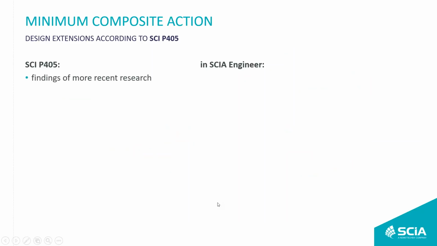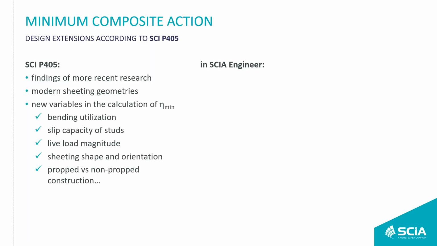So to summarize the findings of the implementation of this publication, we have the findings of more recent research, taking into account modern sheeting geometries, where in general we have less concrete in the composite slab, and also the so-called ETA minimum.